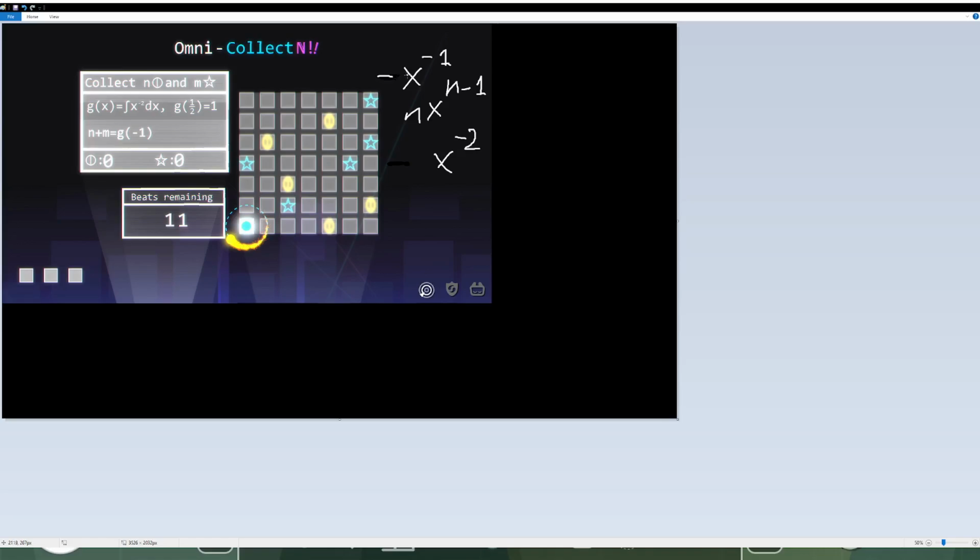We take the derivative of this, which based on the power rule is -1 times x to the power of -1 minus -1, which is -2. And then there's a negative, but the negative here cancels out that negative. So integrating this equals this.